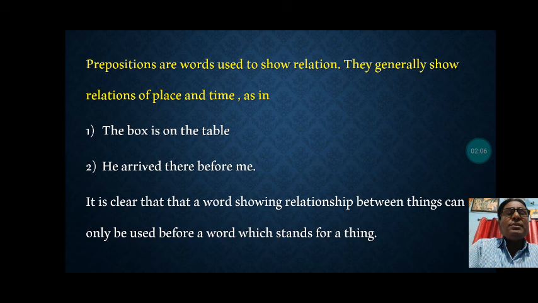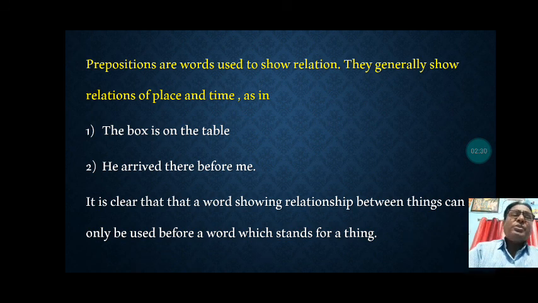You can imagine the meaning of the sentence. So this preposition plays an important role to form the meaning correctly and show the relationship. So here on in the first sentence shows the relation of the box and the table. The box is on the table.